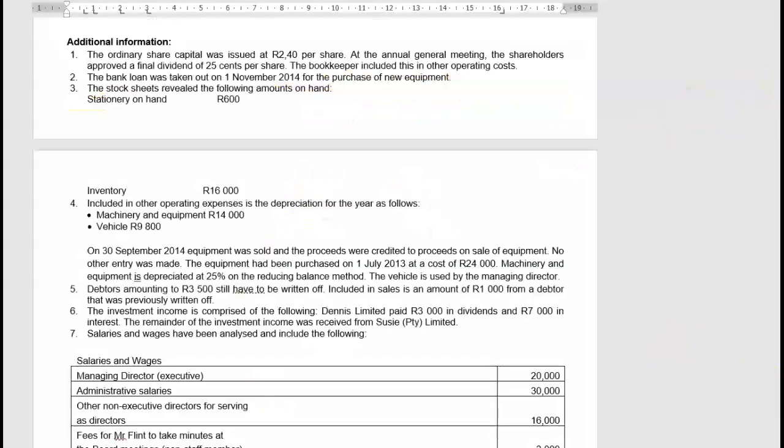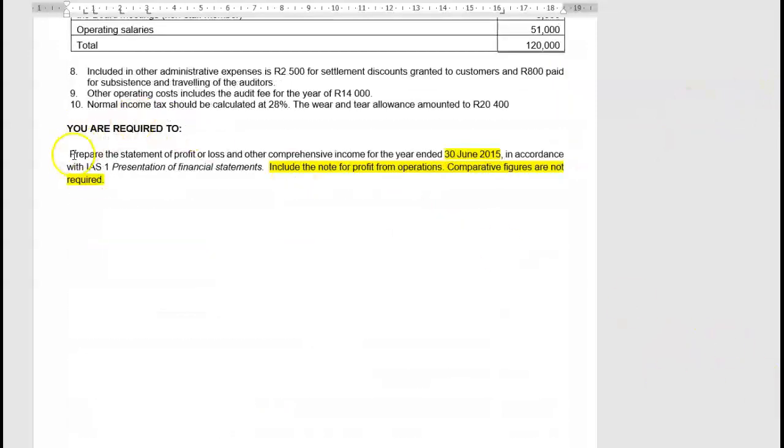Now, where do we start in a question like this? You're going to start by writing down the skeleton, the framework of the statement of profit or loss and other comprehensive income. And you're going to start at the top, with your note. You're going to write the heading of your note. You're going to write in the meantime income and expenses. Income figures, you know that there won't be many, so you're most probably going to leave open 3 or 4 lines.